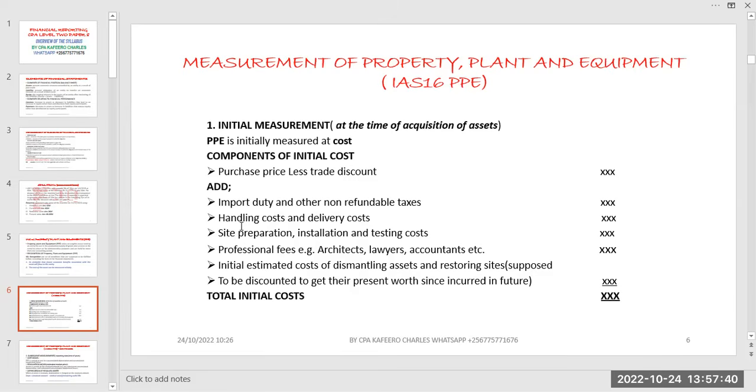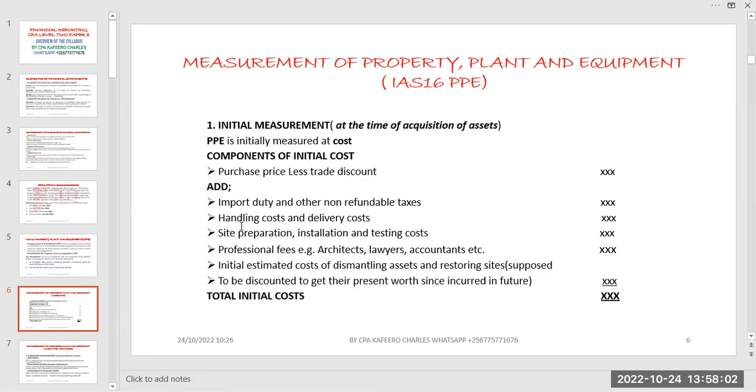What we are saying, we are going to be looking at the components of the initial cost. Initial cost, we have the purchase price, that is the price you are paying for the item. But remember, there are certain instances where you are purchasing the asset, but they give you a discount.